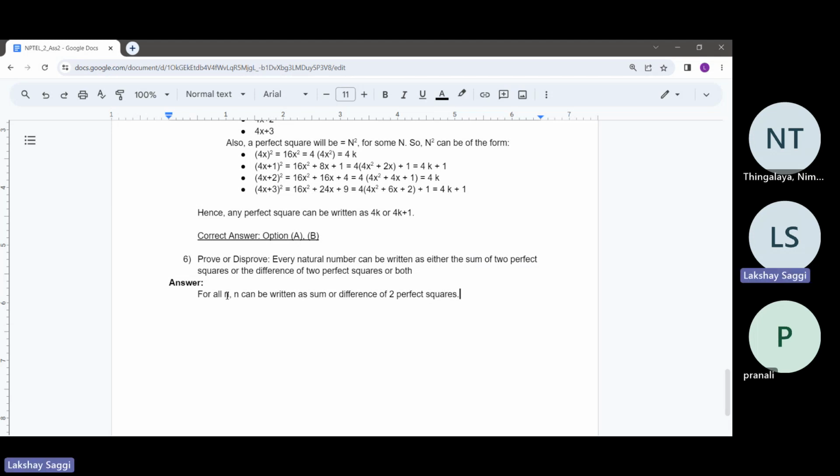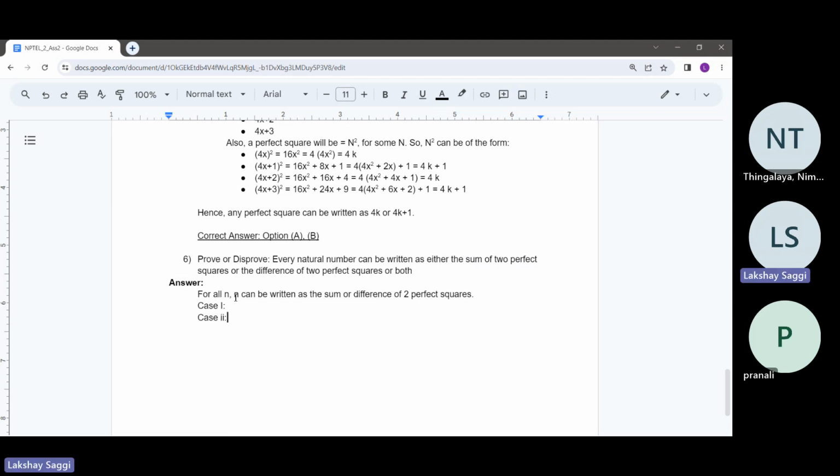This is something which we are trying to solve. So maybe we can take cases: for all natural numbers, n can either be odd or n can be even, right? So let's just take two cases.